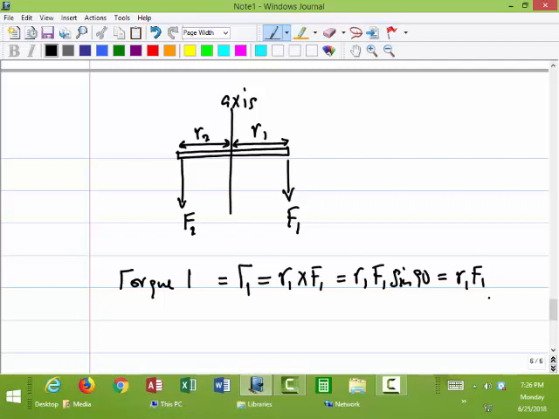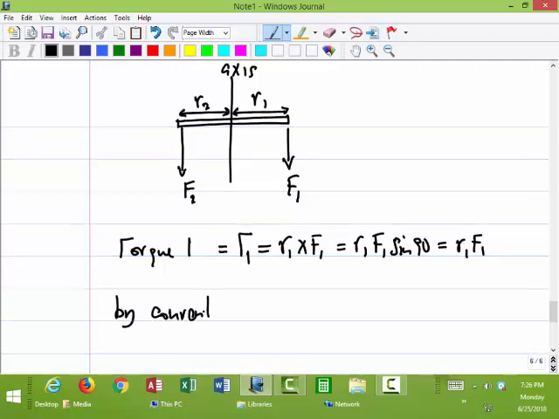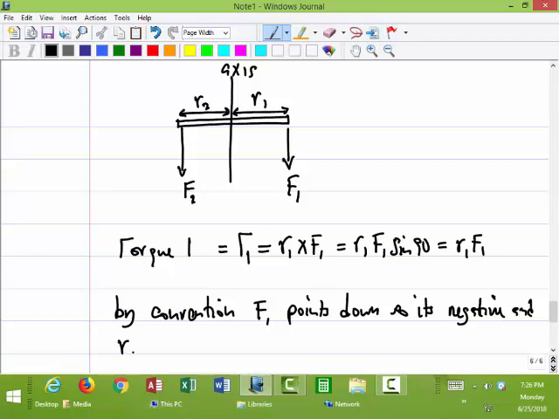Notice that by convention F1 is negative and R1 is positive. So we can say that by convention F1 points down, so it's negative, and R1 is on the positive side. So tau 1 is a negative torque.